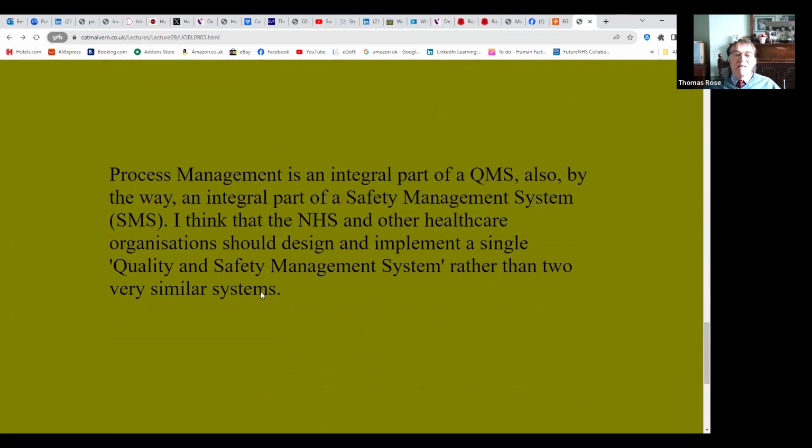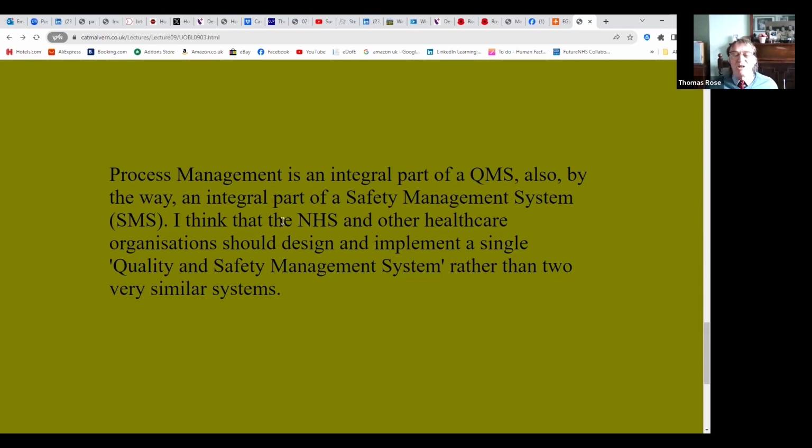And process management is an integral part of quality management. Also, by the way, an integral part of patient safety management. And in my view, the quality management system that the NHS end up adopting should include safety management. You can have a joint quality and safety management system.